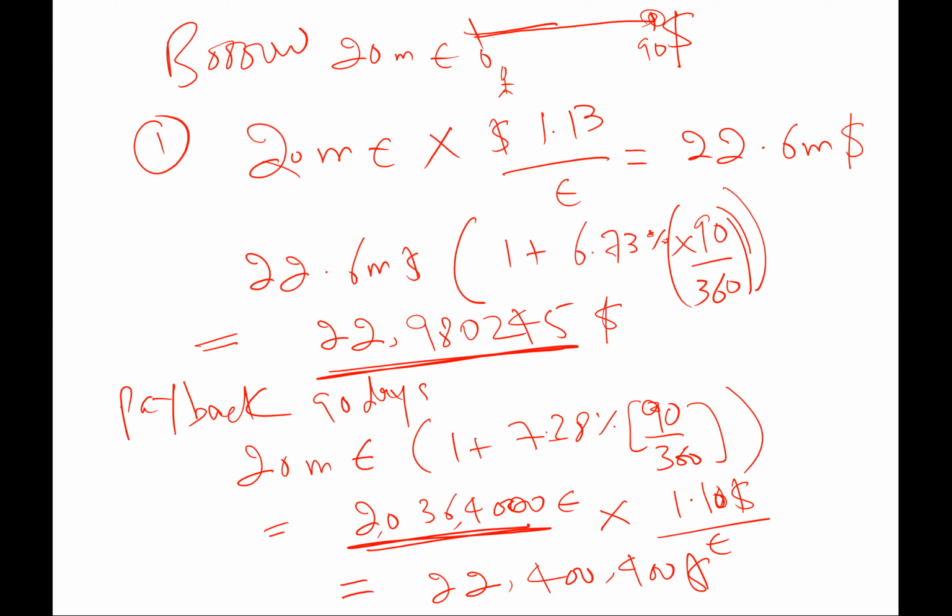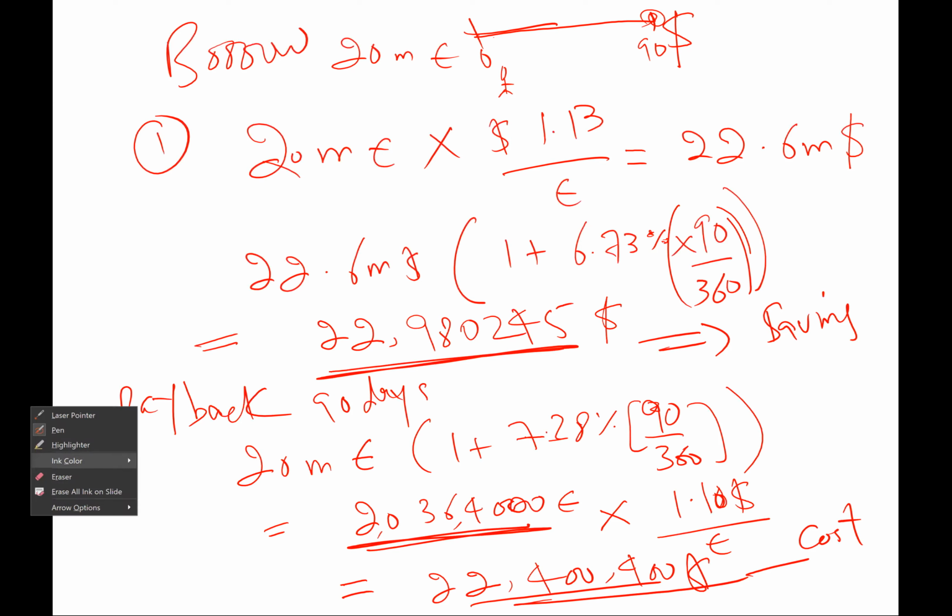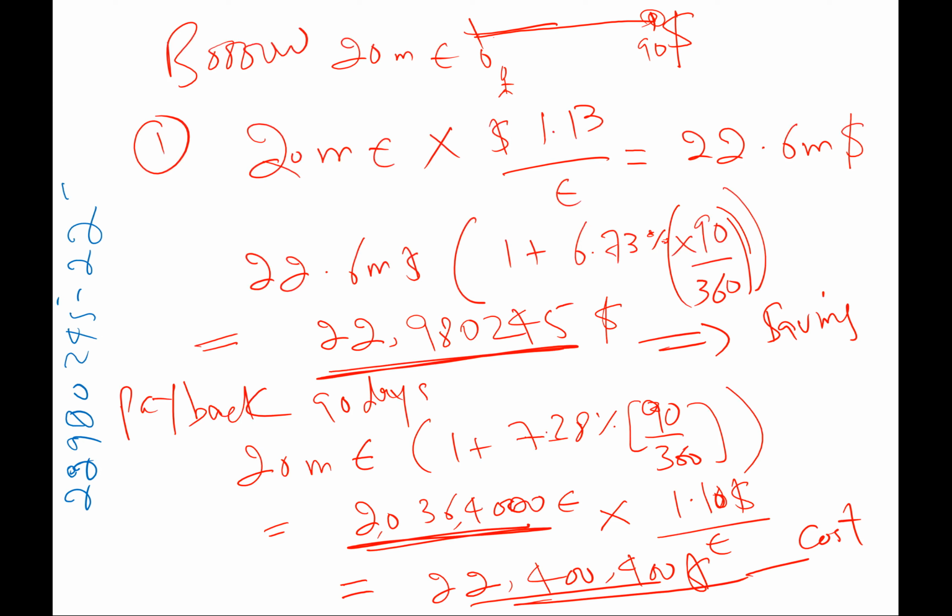Answer is $22,400,400. So that is your cost. The difference is your profit. So what is the difference here? Let's subtract: 22,980,245 minus 22,400,400.